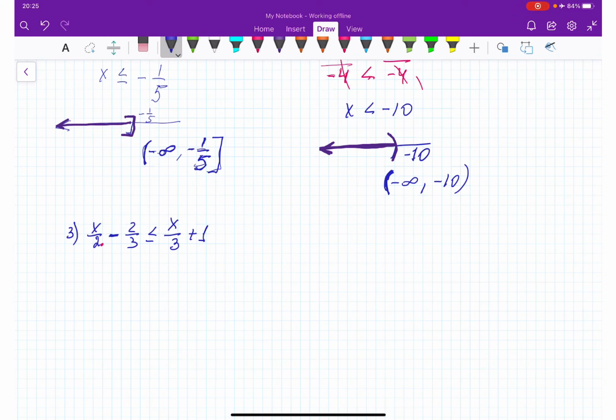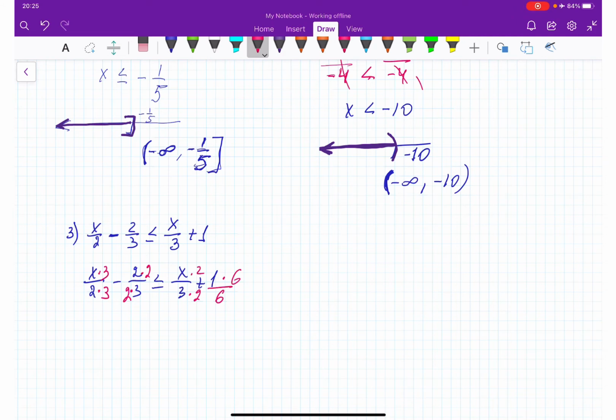Okay, let me rewrite it. I don't want to write on the original problem. Okay, we got it. So it's going to be 6, which means 2 multiplied by 3. We have 3 multiplying by 2, and 1 is over 1, so we need 6 there as well. 6 here, 6 here.